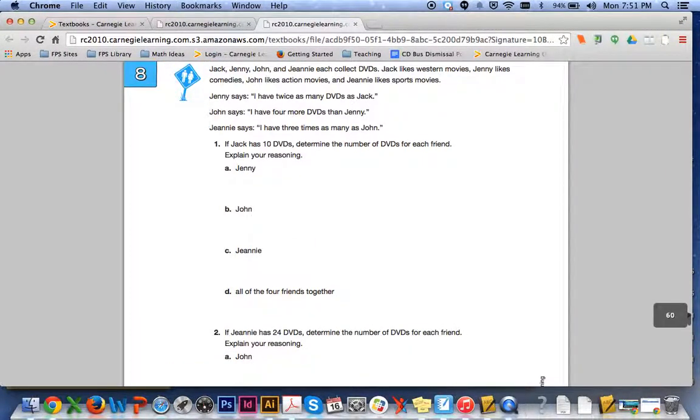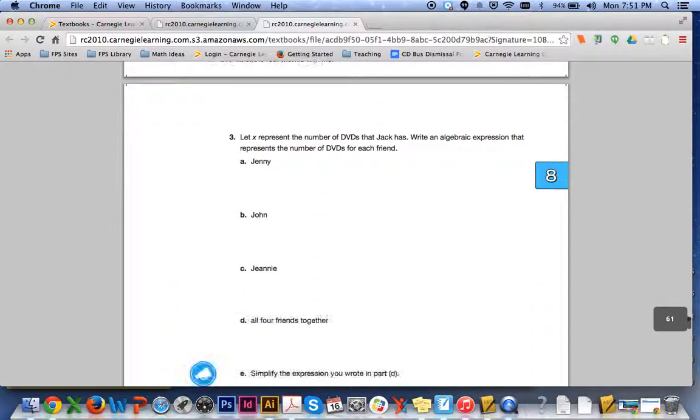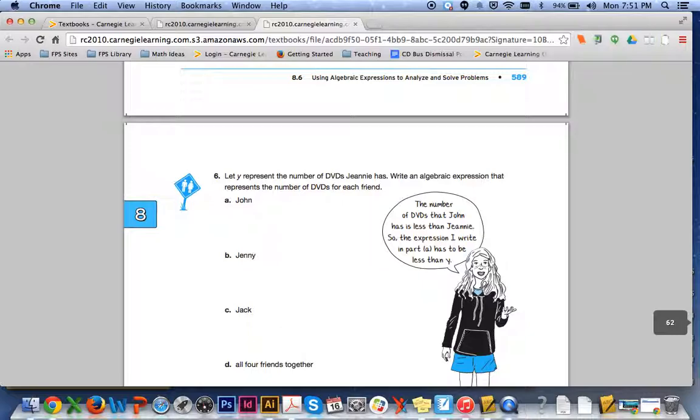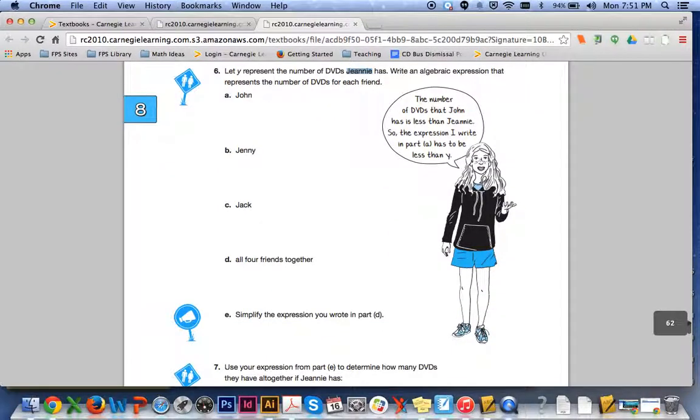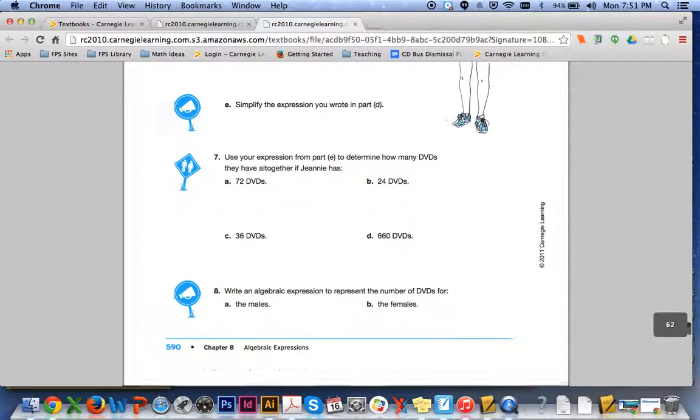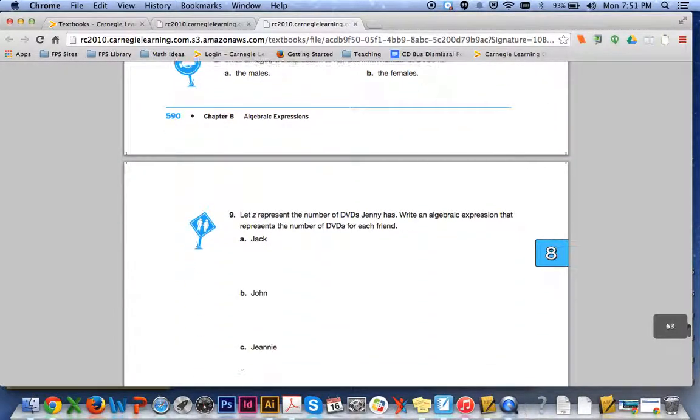Now the rest of the problems that we're going to do today, we're going to work on problem 6, which is a similar type of problem, but now it's from Janine's perspective. So let Y represent the number of DVDs Janine has. Okay, so you're looking at things from Janine's perspective, and you have similar problems to solve on page 590.